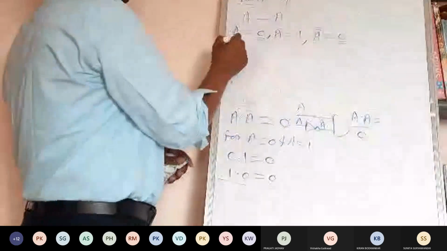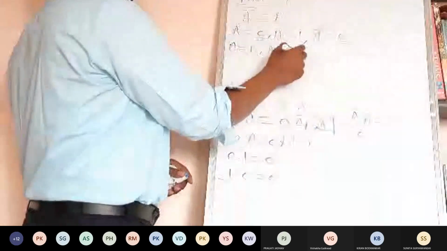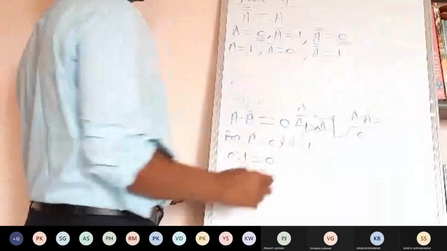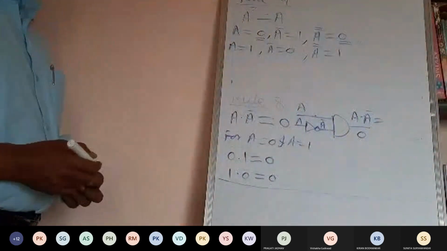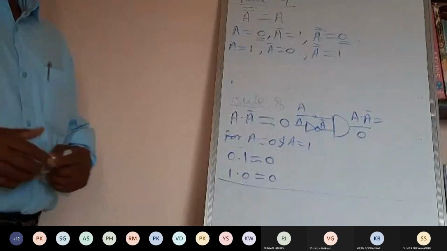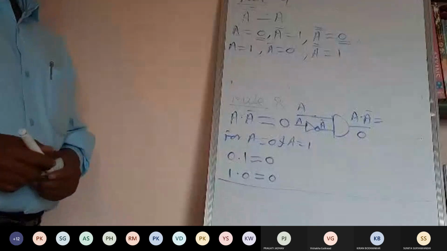That means if I put A is equal to 1, then A complement is equal to 0 and A double complement is equal to 1. It means that complement of a complement is the number itself, and we have to draw the logical circuit of this complement of a complement.